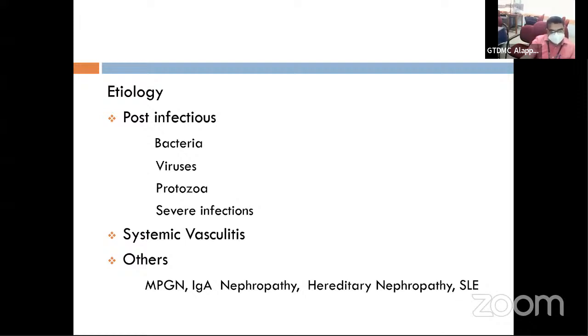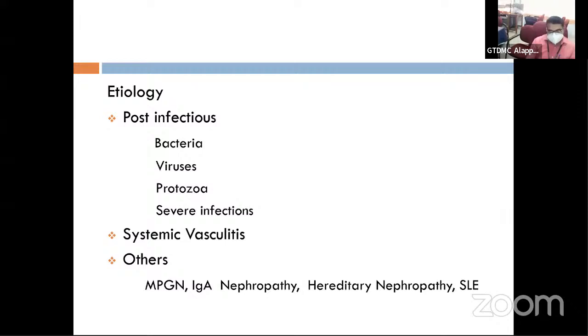Then viruses can also cause post-infectious glomerulonephritis, like Epstein-Barr virus, CMV, and hepatitis B and hepatitis C viruses. Among protozoal infections, mainly malaria, Plasmodium falciparum and Plasmodium malariae can cause glomerulonephritis.